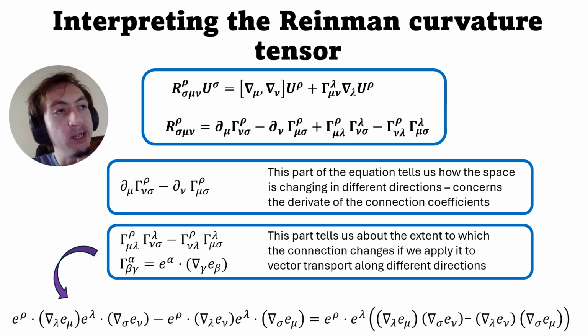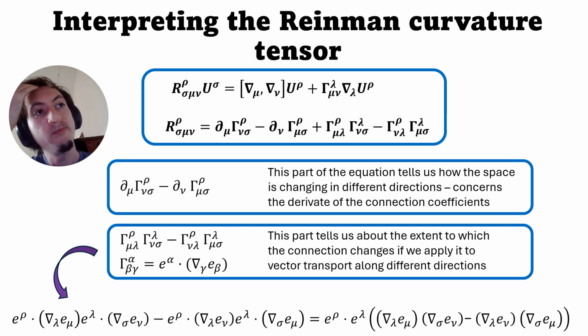And this is essentially about how the connection coefficients have some kind of measure of direction encoded into them, building on from the idea that our Christoffel symbols don't necessarily commute. And it's that lack of commutativity which is giving us the importance of this expression.